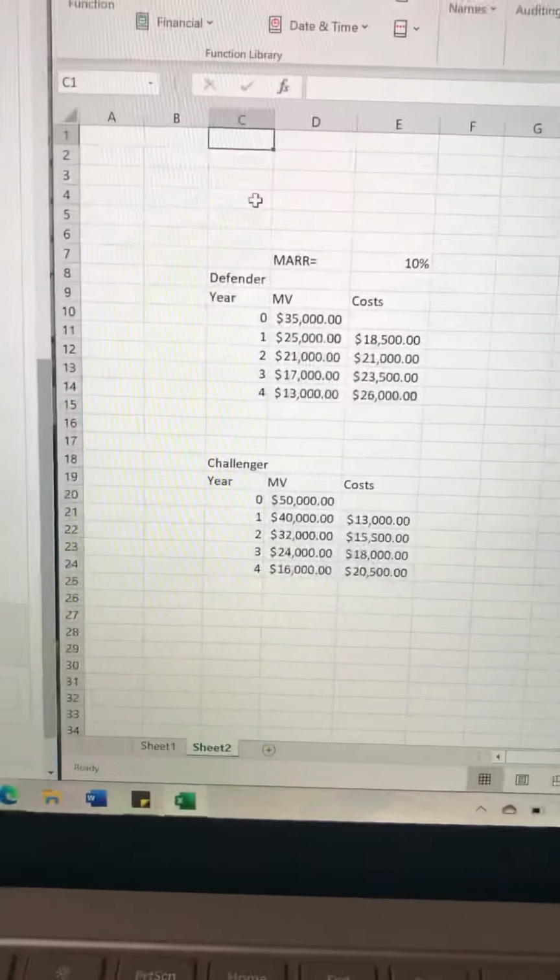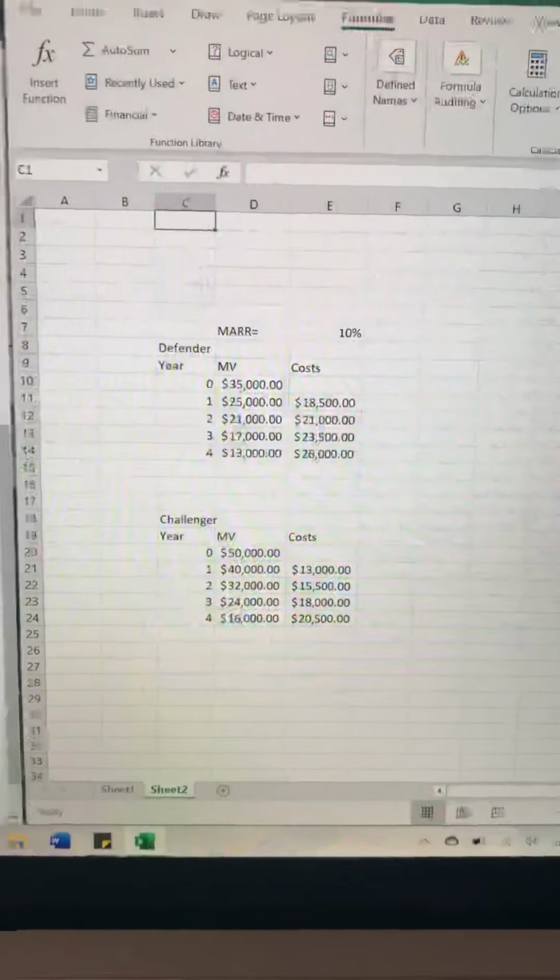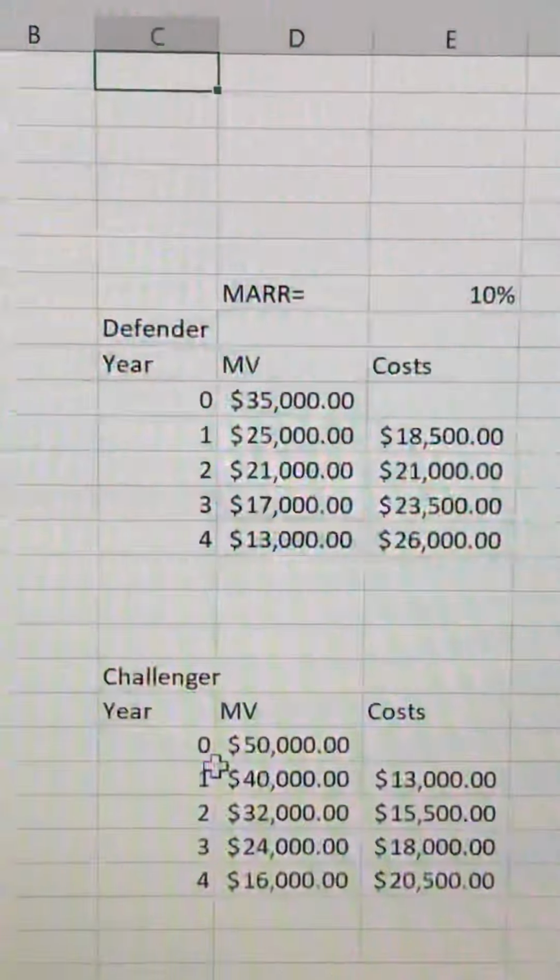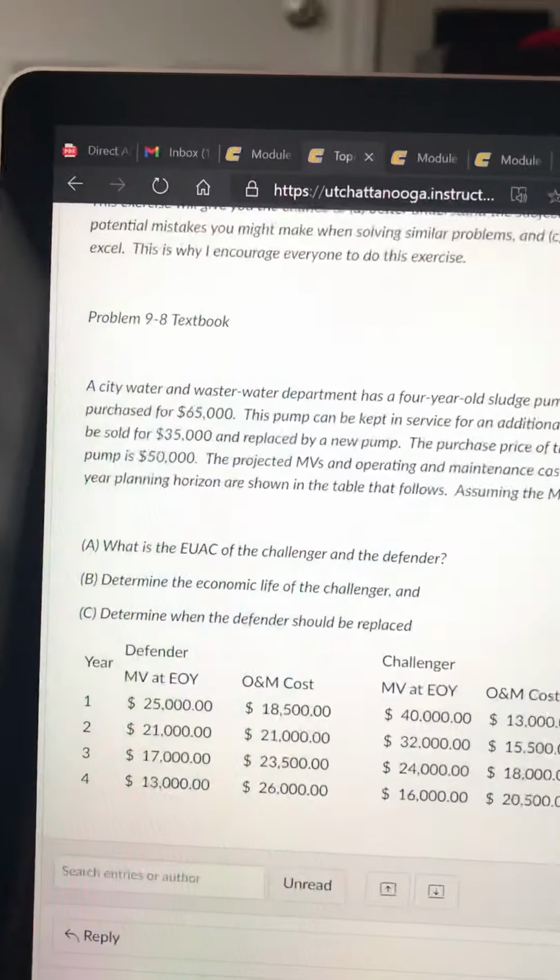Okay. So here is our table. I added the year 0 values, which are given in this problem.